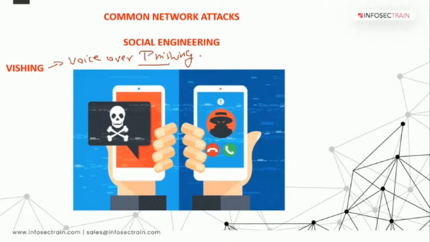So we are closing your credit card. If you want to renew it, you have to provide us the credit card details like the credit card number, your CVV, and the PIN of your credit card. And one OTP will arrive, you have to provide that OTP as well. So what they are doing is finding out the data through the phone, right?